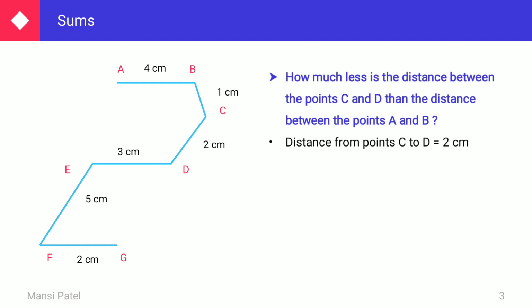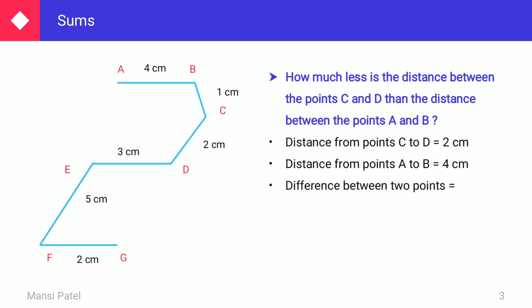First you write down the distance from point C to D, that is 2 cm. Then you write down the distance from A to B, that is 4 cm. Now we have to do a comparison, and whenever you do a comparison, you always do subtraction. Whenever you do subtraction, first you write down the biggest measurement, and the biggest measurement is 4 cm. So first we write down the distance from point A to B.